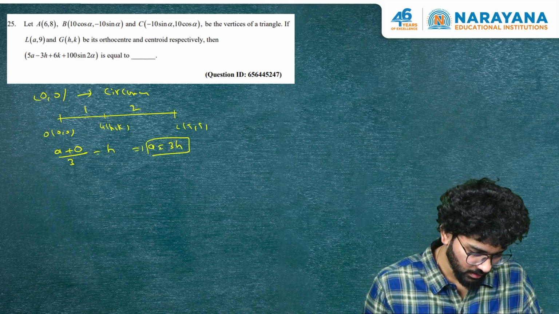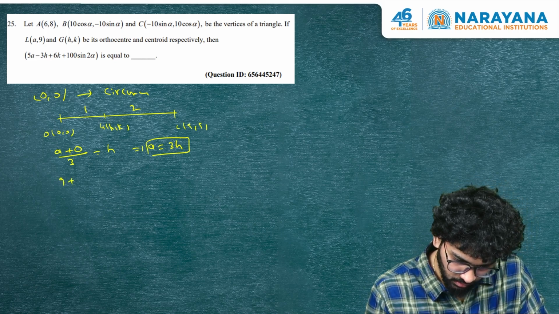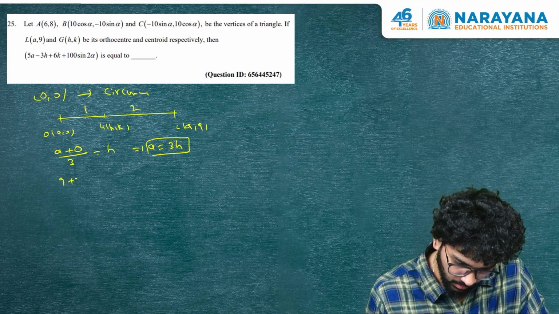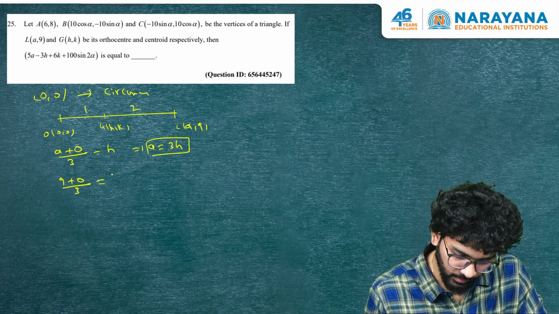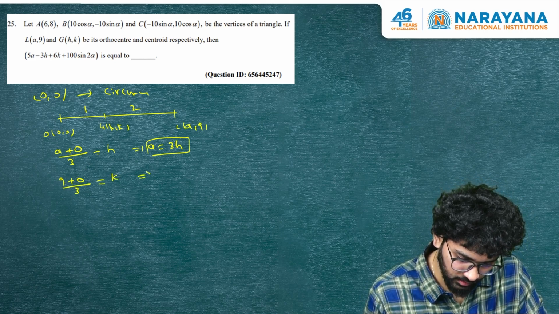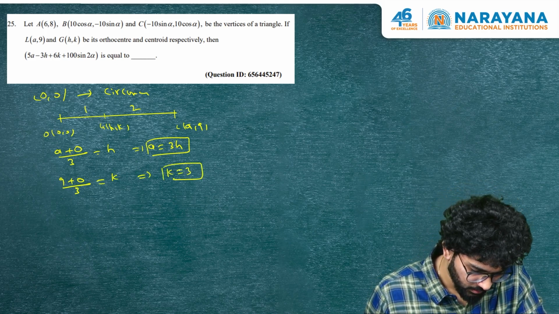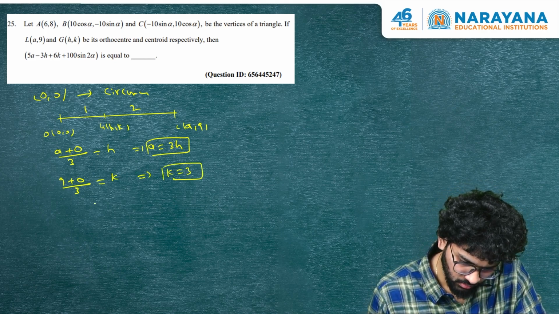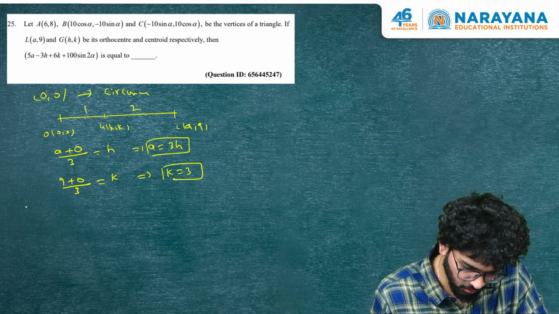Similarly, (9+0)/3 is equal to K. This implies K is equal to 3.